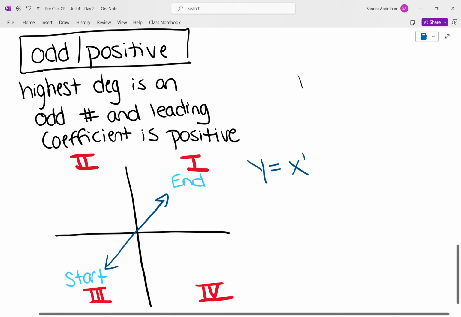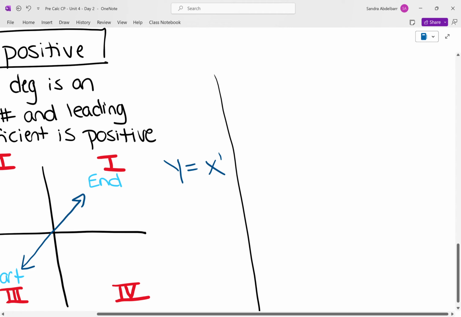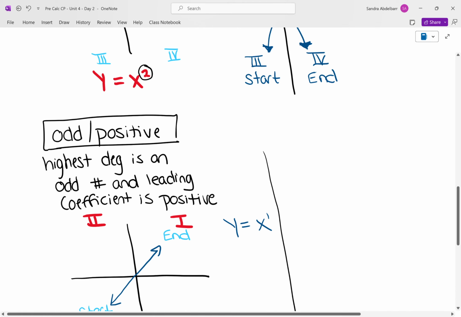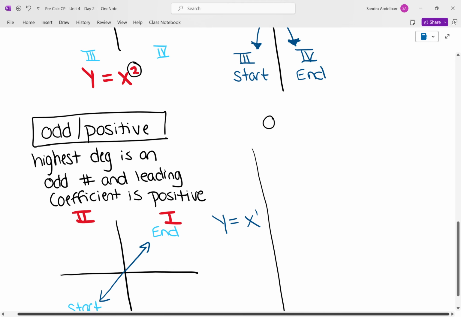All right, and the last scenario here is going to be an odd negative.